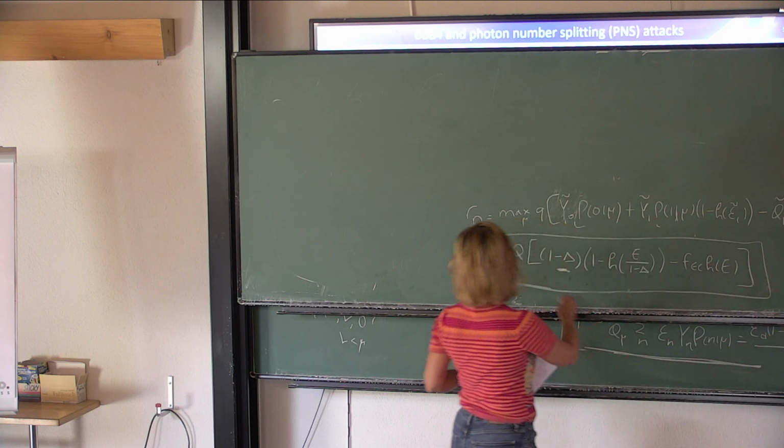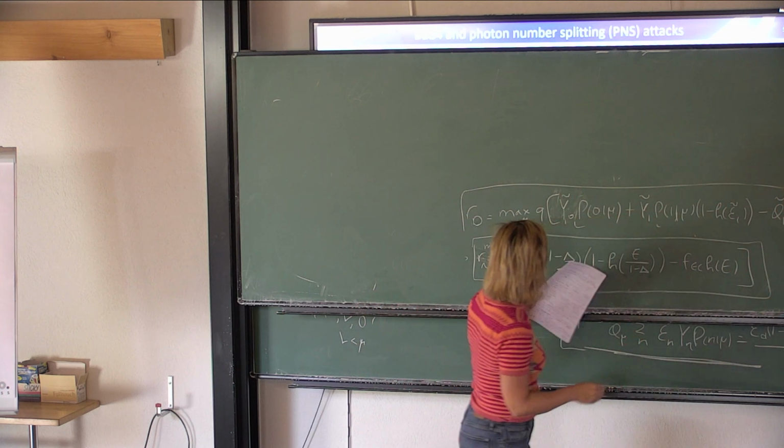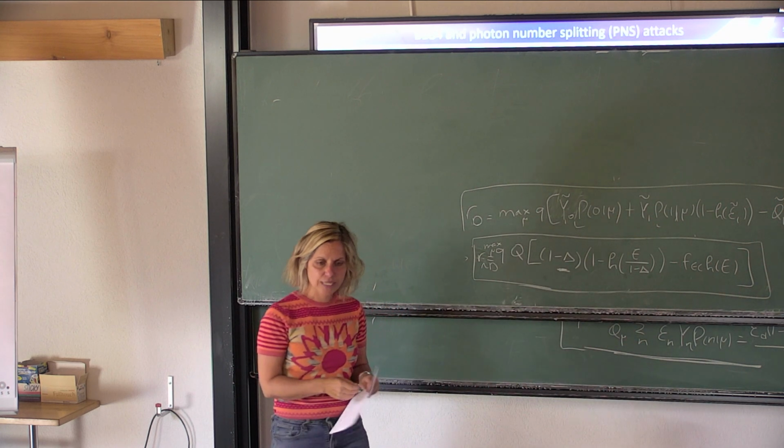There you are. These are the two expressions for the secret key generation rate with photon number splitting attacks and for the decoy state protocol.